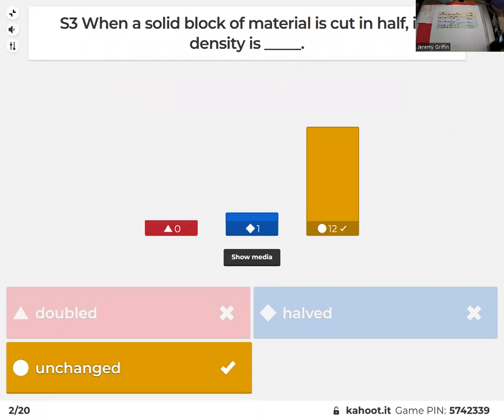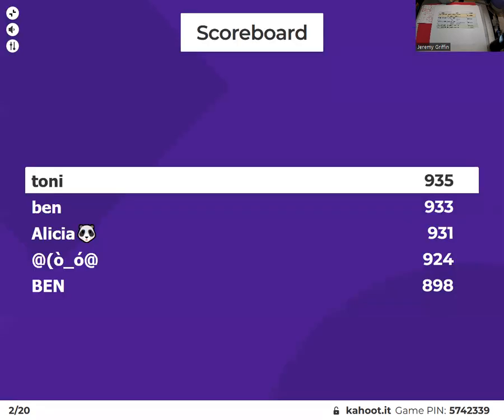And so when you cut something in half, some things change about it, some things don't. Its mass would get cut in half, its volume would get cut in half, but the ratio of those two would stay the same. Things that stay the same, you can call it intrinsic property. So its temperature would stay the same, its density would stay the same, its color would stay the same. Right? Intrinsic property of that material.